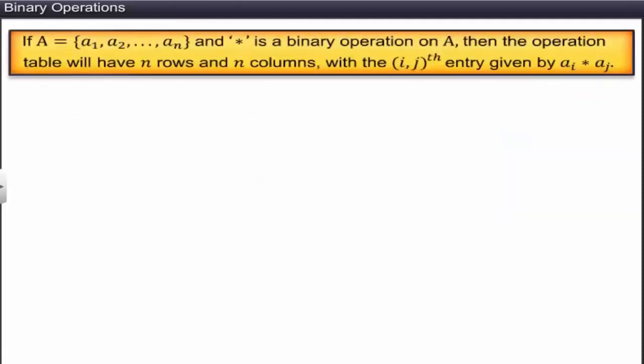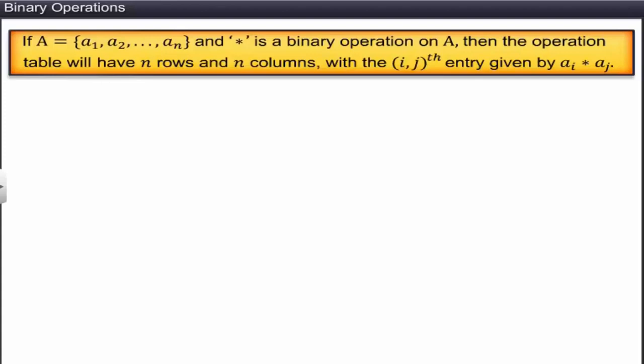In general, we can say that if A is any finite set with n elements, and star is a binary operation defined on A, then the operation table will have n rows and n columns, with the ijth entry being Ai star Aj.